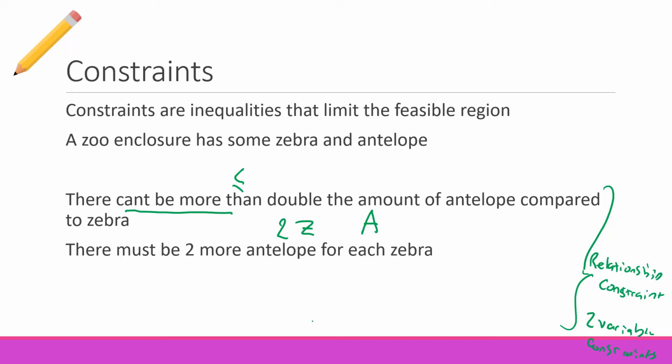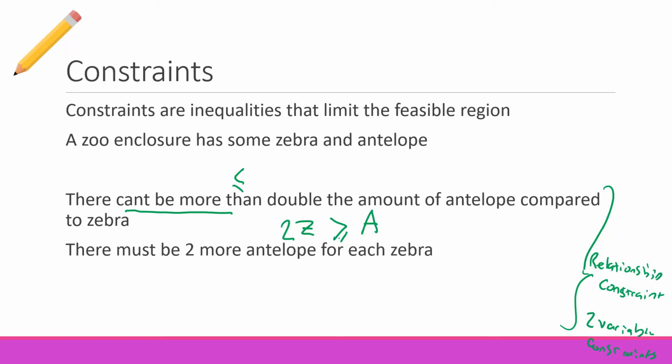You can't have 2 zebras and 5 antelope. So the amount of antelope must be either equal to that value or less than, right? So therefore, that's how this inequality looks.